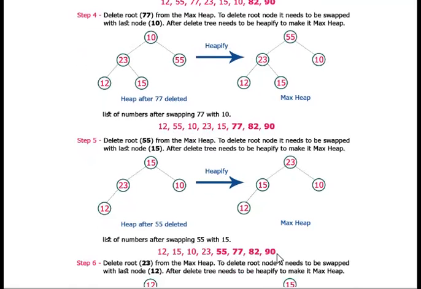So from the beginning 90, 82, 77, now 55 is inserted, and 15 can be taken as a root node.